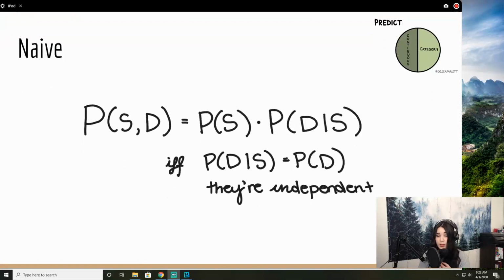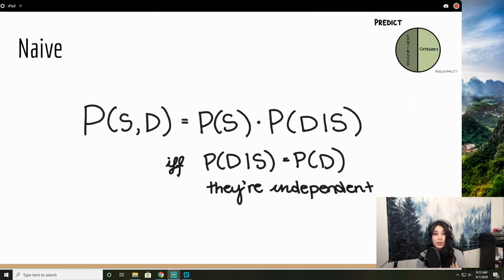So that was the Bayes part of the naive Bayes algorithm. Now let's talk about the naive part. The naive part of the naive Bayes algorithm alludes to the fact that we ignore the relationship between our predictor variables. For example, imagine that we're trying to predict the probability that someone is a smoker and they're diabetic.